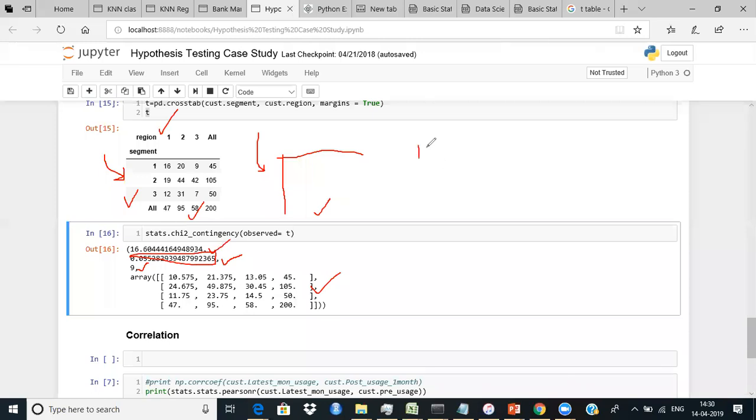To understand the p-value, we need to understand what the null and the alternate hypothesis are. The null hypothesis in chi-square is that the variables are independent.